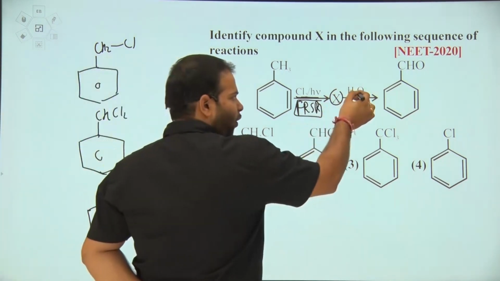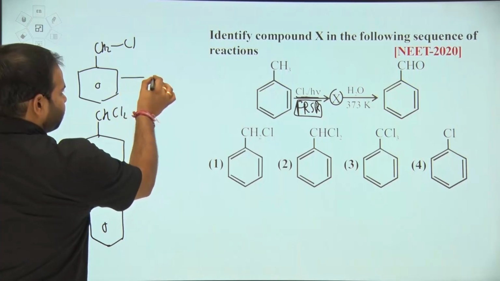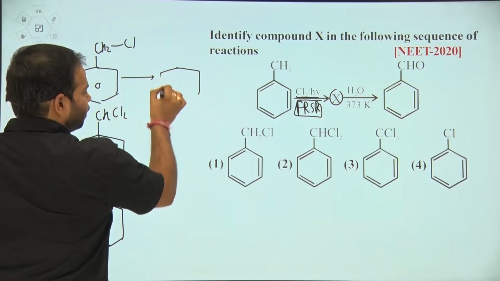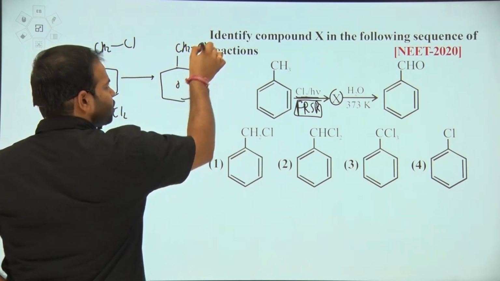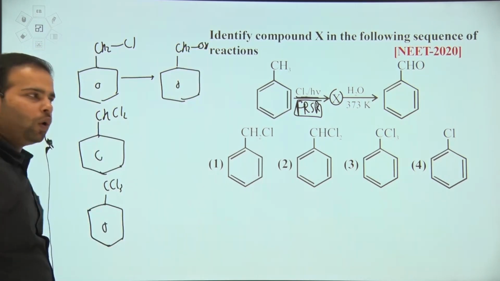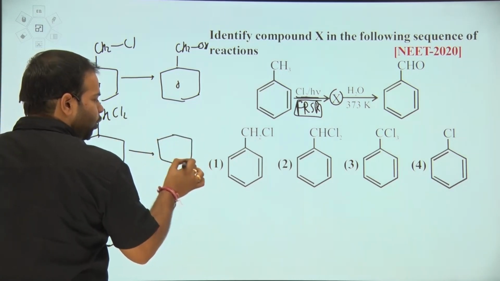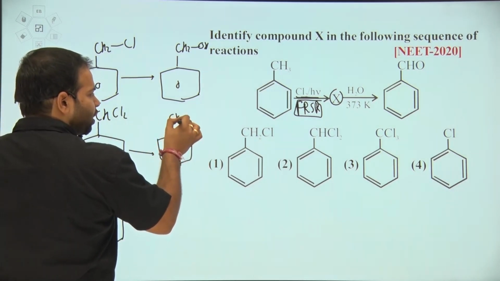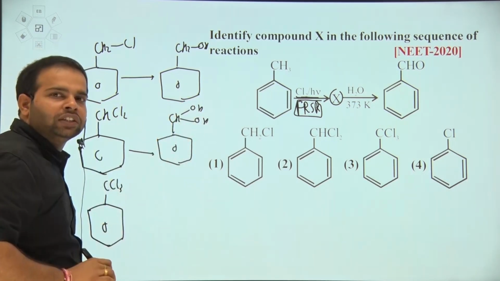Now X is hydrolyzed to give the product, that is benzaldehyde. If we hydrolyze benzyl chloride, then this chlorine will be replaced by OH to form benzyl alcohol. In the second case, these 2 Cls are replaced by 2 OH groups, CH(OH)2, and we know that a gem diol is unstable.